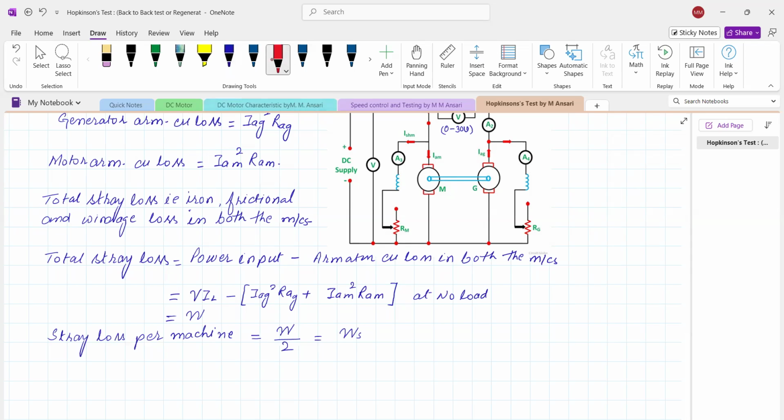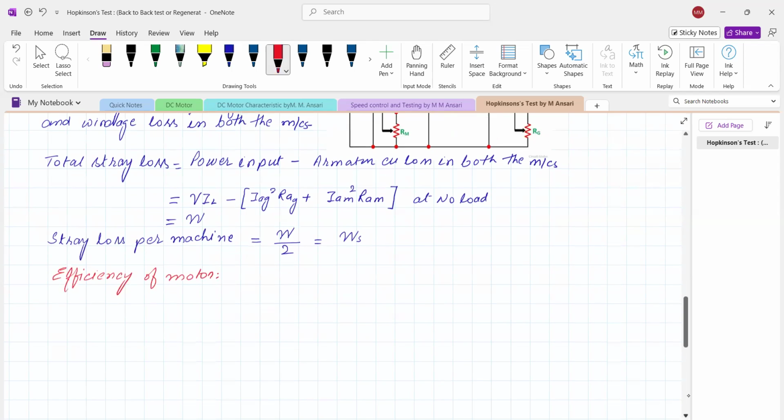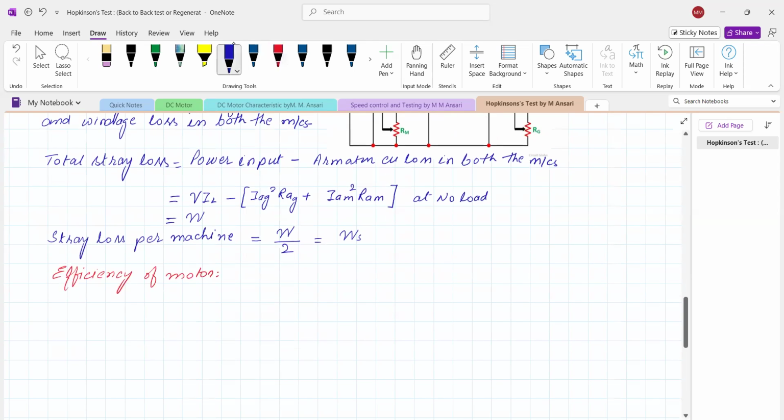Now, first we will consider the efficiency of the motor. We are going to calculate the efficiency of the motor.